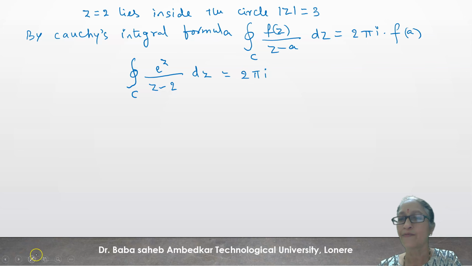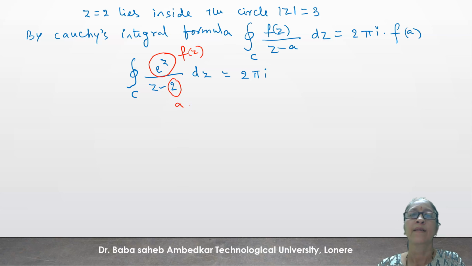Here, what is f(z)? This one is f(z), and this one is a. So here put z equal to 2. That's all.